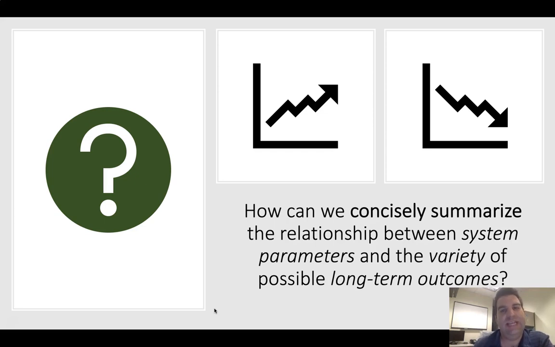But generally, any dynamical systems model that you can discuss in terms of the outcomes that persist over long periods of time, you can use a bifurcation diagram to summarize. So let's look into what one of these bifurcation diagrams looks like. And I am going to be using a fisheries model as the kind of motivating model for this, but this can apply to lots of other models as well.